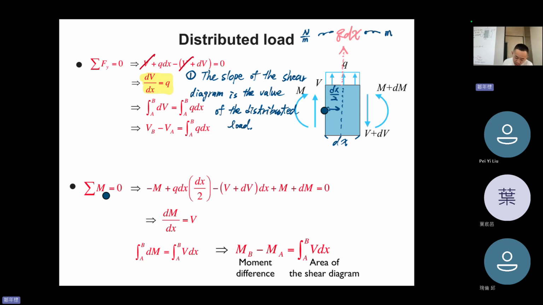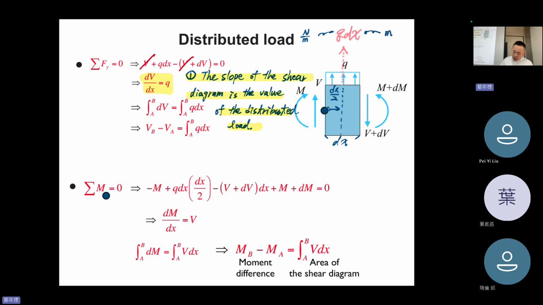This is very important. After you memorize this, you will save a lot of time when you draw the shear moment diagram. Maybe you will think, what does that mean? Don't worry, I will show you an example and then you will immediately get this.